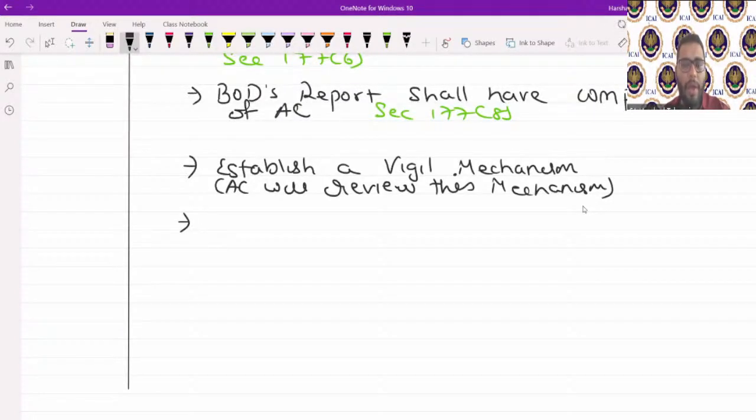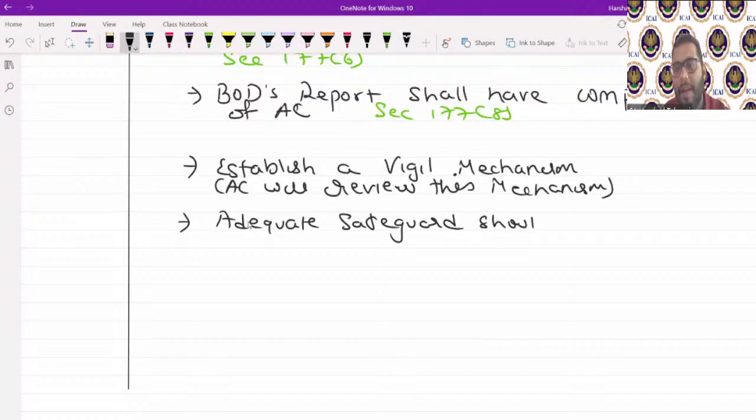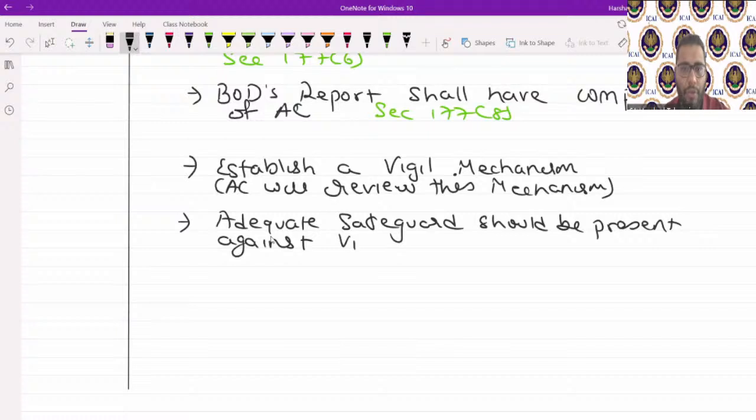This includes that adequate safeguards should be present for whistleblowers, against victimization of persons who are reporting any issue.